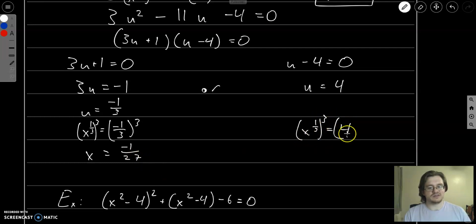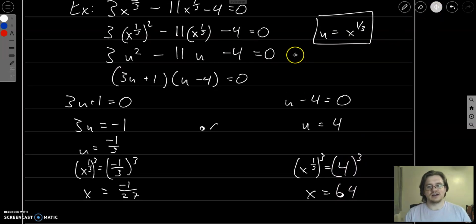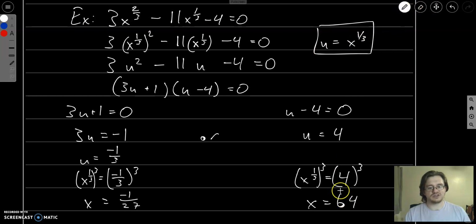I raise this to the 3rd power, and x to the 1/3 to the 3rd power is going to be x. Again, 1/3 and 3 cancel out. 4 to the 3rd power, 4 times 4 times 4 is 64. At the end of each one of these, I should plug these back in and make sure they work. I need to check my solutions. In this case, both of these work.